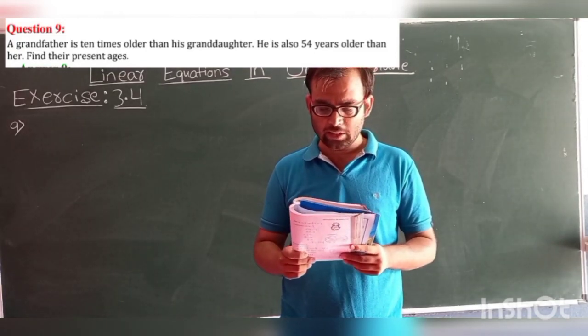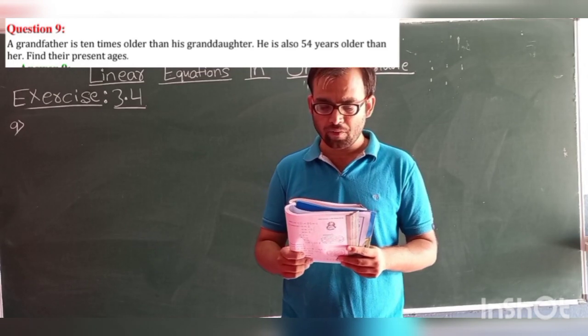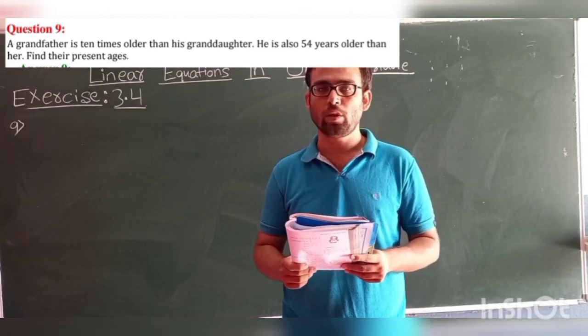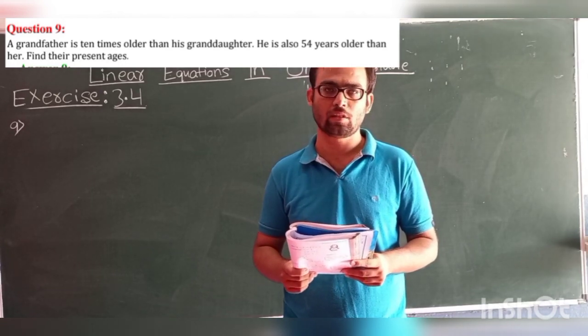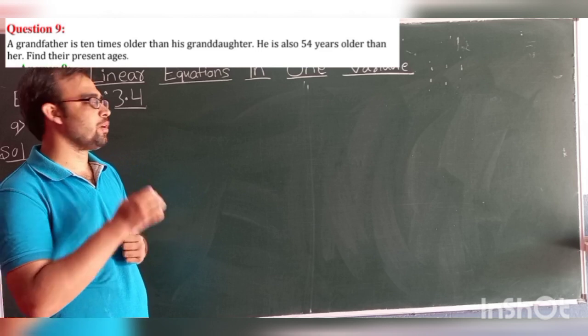A grandfather is 10 times older than his granddaughter. He is also 50 years older than her. Find their present ages. So here we need to find their present ages. Students, let us take, let the present age of granddaughter equals to x years.